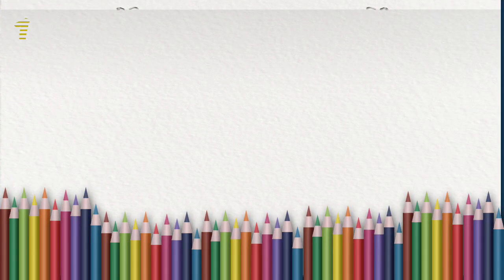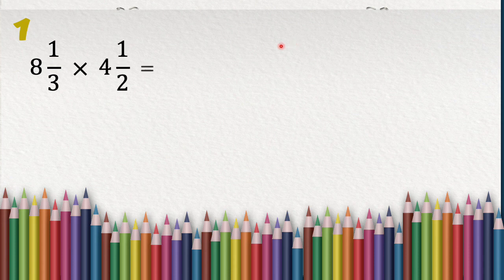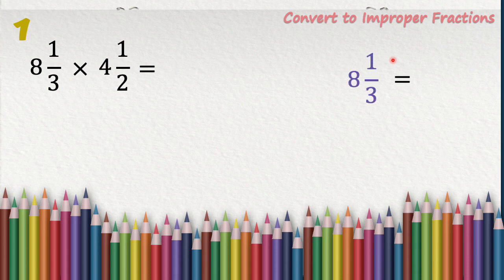So let's have this example. We have 8 and 1/3 times 4 and 1/2. So the given fractions are all mixed. So sa ganitong first step, we have to convert it to improper fraction. So to review, unsaon siya paghimo. So we have 8 and 1/3, diba?